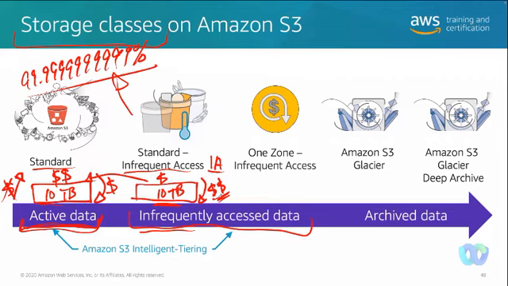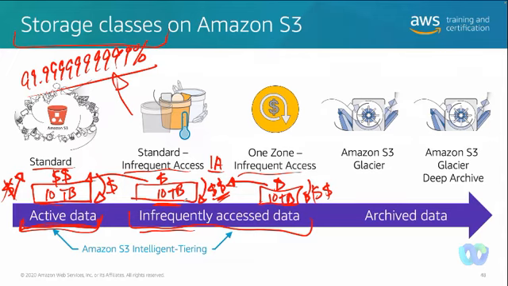There's another one here, one zone infrequent access, which will cost you for that 10 terabytes even less than this guy here. But the download will cost you the same thing as this guy here. Well, how come then you charge me even less than this one? How can you achieve that?